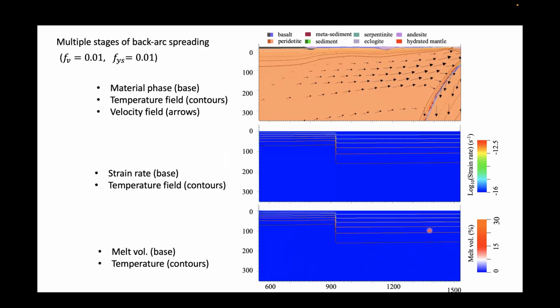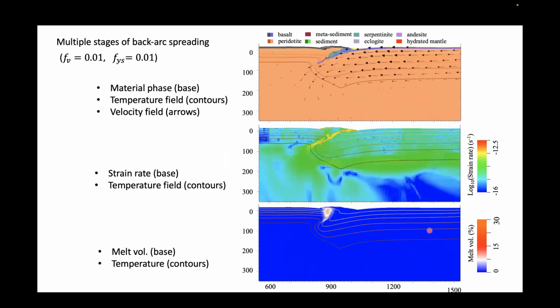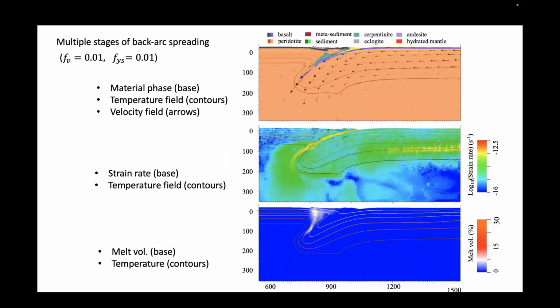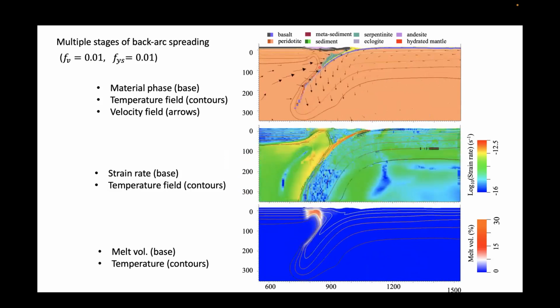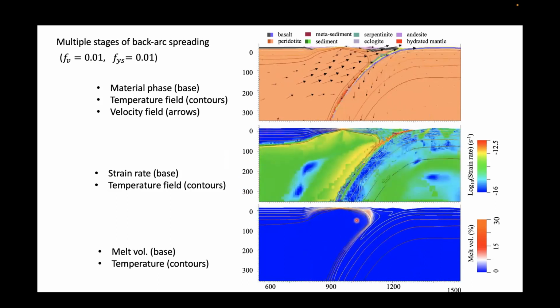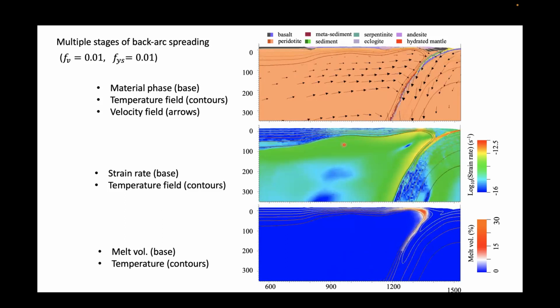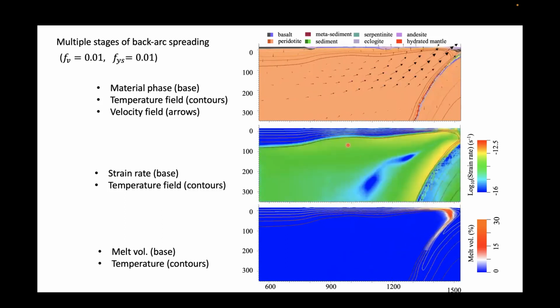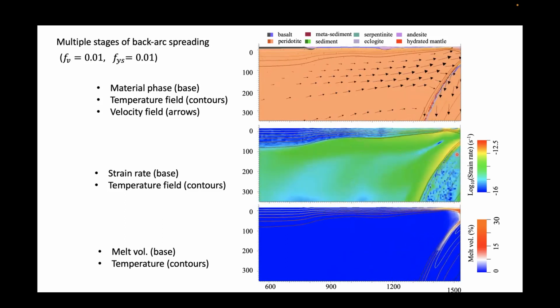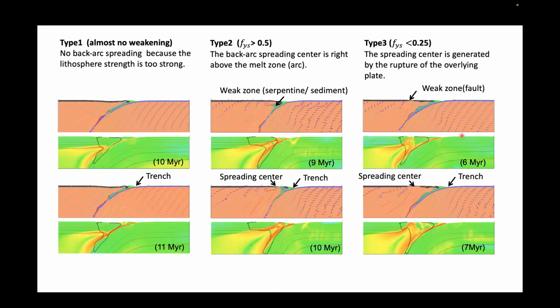I can play again. So first, the oceanic plate subducts and produces a large amount of melt, which then reduces the strength of the mantle wedge. This allows a very quick rollback. And sometimes the rollback can happen in multiple stages, and this is not clear here.